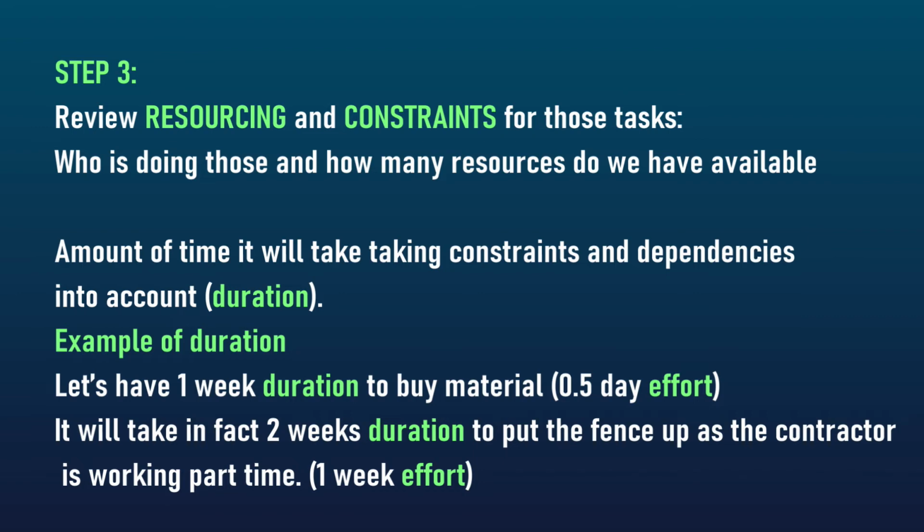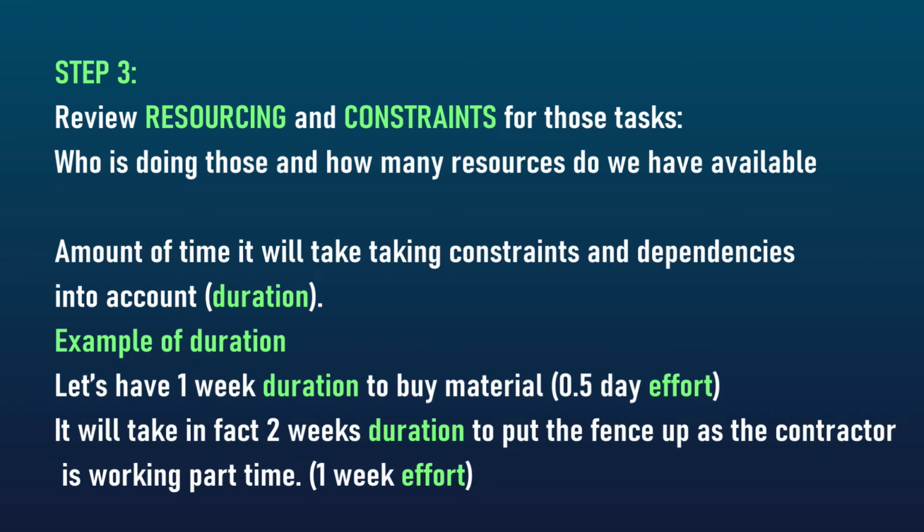So for instance, what I have here, let's have 1 week to buy material, as we need to find the proper wood, the shops might not be open and the like. So this is to show you that a 0.5 day task can turn into a 1 week task. And this is what would happen in project management as well.